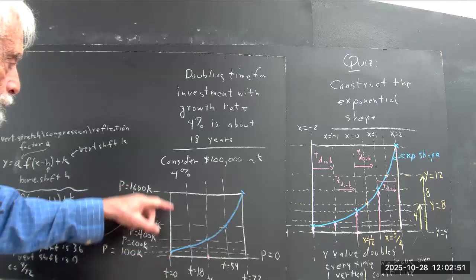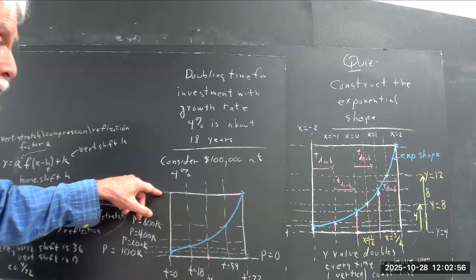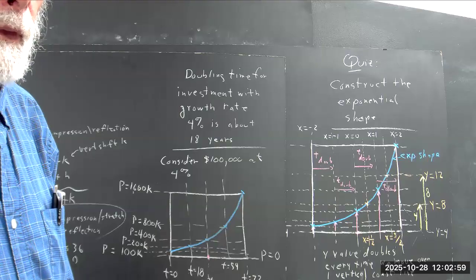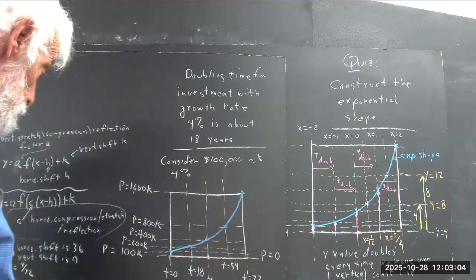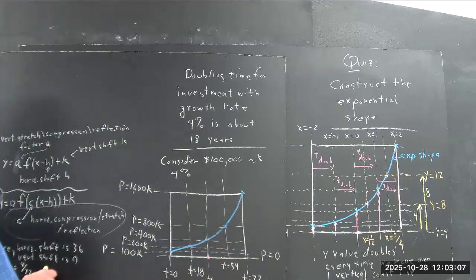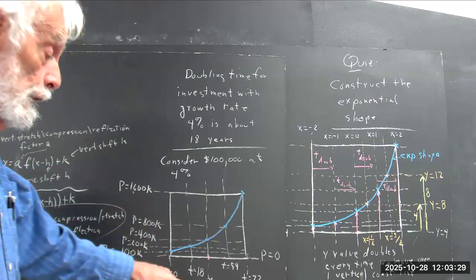Your P values, like your Y values, go from 0 to 1600, whereas on a toolkit graph, they go from 0 to 4. So A equals 72 over 4 equals 18. So the equation here, instead of x and y, we've got p and t.